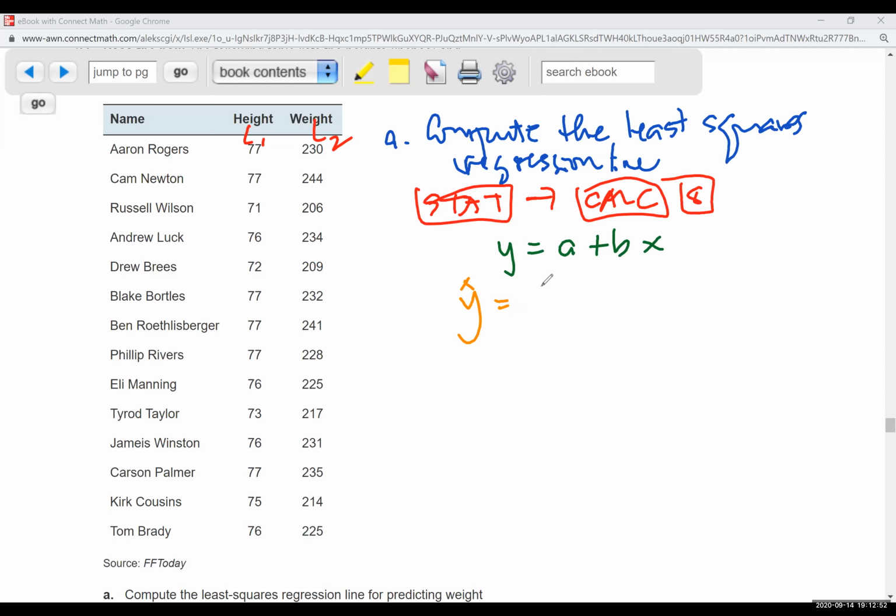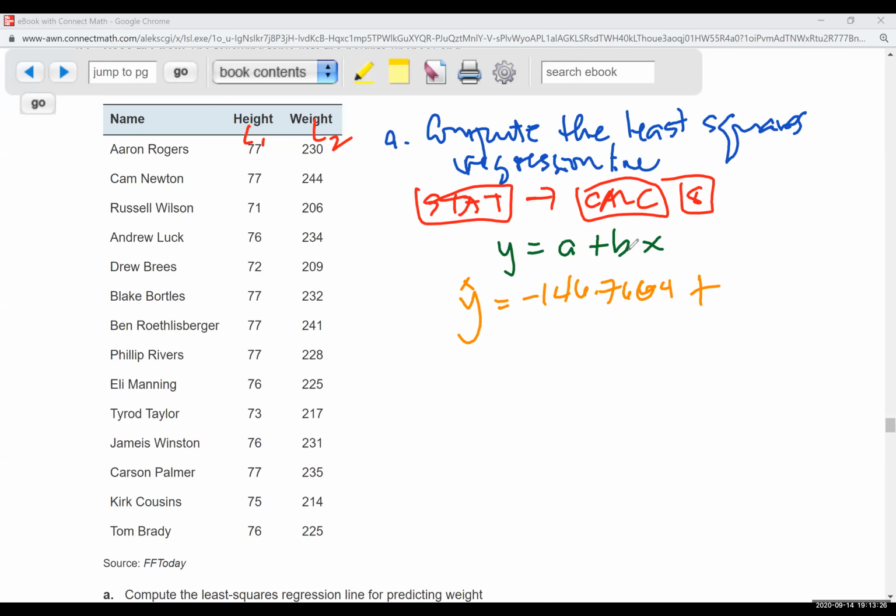So what is a? Negative 146.7663551. Round it up, right? 7664. So let's use 4 decimals.